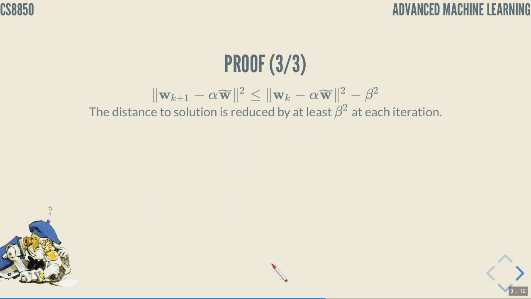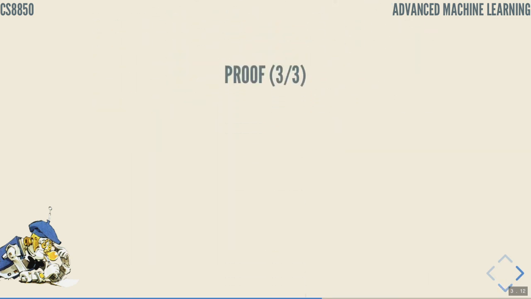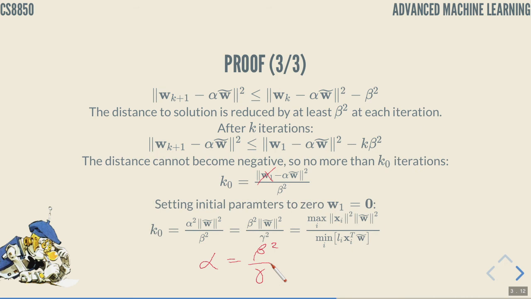I think it was beta squared divided by gamma. Yes, okay, everything works out.